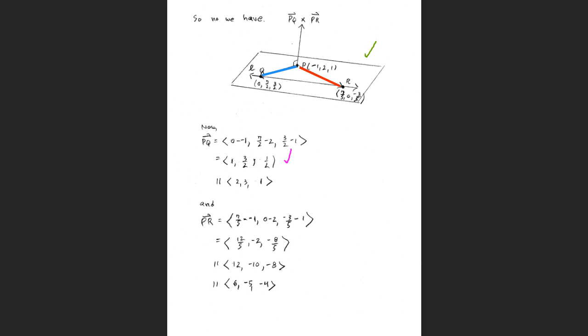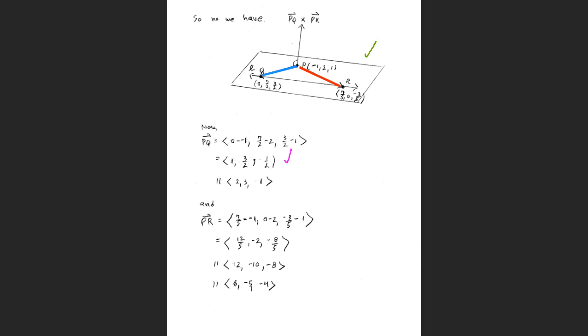So PQ, it turns out, is 1, 3/2, and 1/2. But I note that that vector is parallel to the vector with coordinates 2, 3, 1. And that's because if you take 2 times the vector 1, 3/2, and 1/2, that equals the vector 2, 3, and 1.